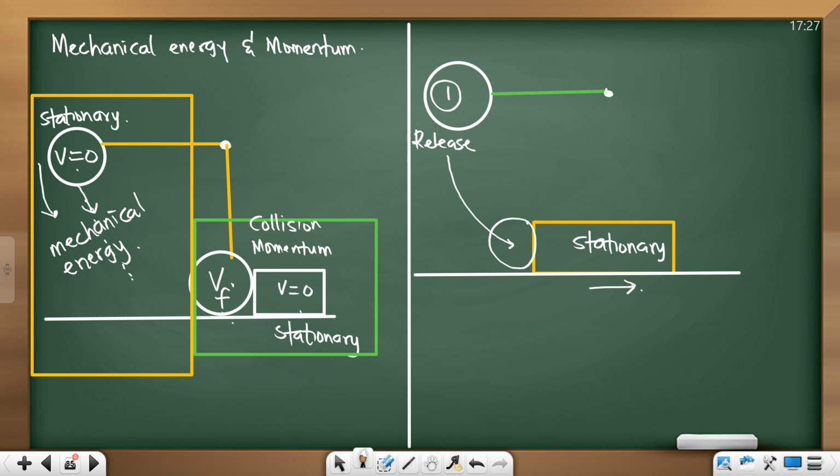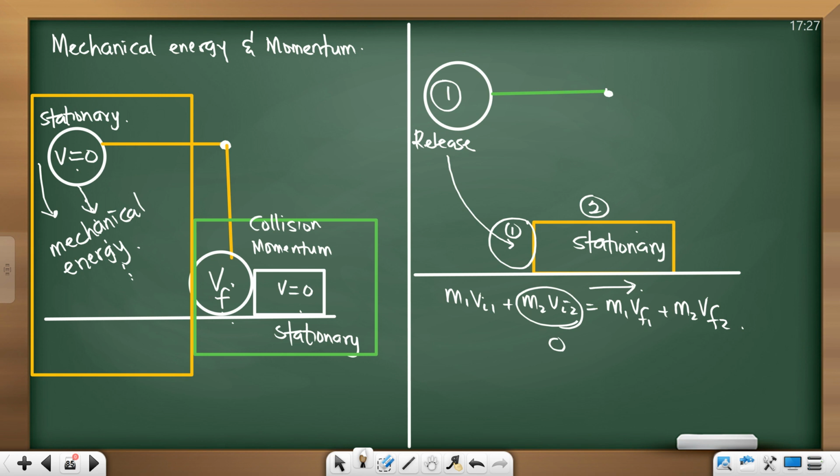So, but here's my problem. Remember, we said M1 VI1 plus M2 VI2 equals M1 VF1 plus M2 VF2. This is object 2. This is object 1. Object 2 is stationary, so its initial velocity term will be 0, right?